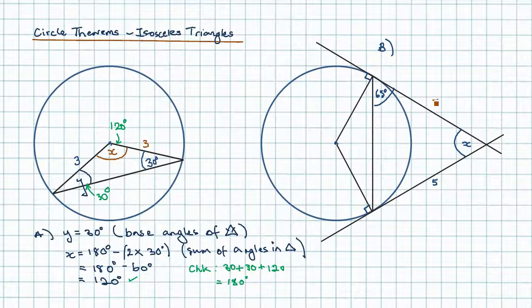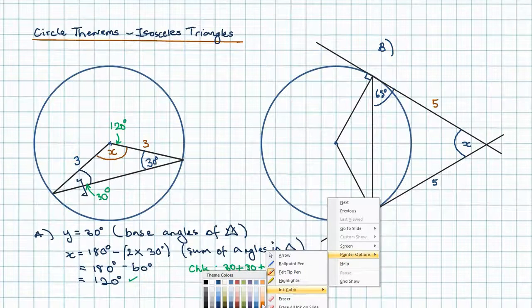We know that this is also 5, and this is therefore an isosceles triangle. Therefore we know that this is going to be equal to this angle here, because even though it's on its side, these are the base angles, because this time it's pointing in this direction. So we've got 5, 5, we must have 65 here. But to give ourselves a step by step, let's label this again y.